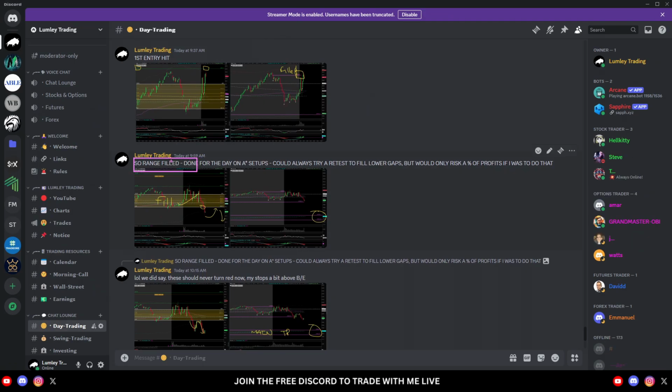So range filled, done for the day on the A-star setups. If you're on a smaller account or you only want the highest probability trades and a super high win rate, you'd be done for the day because this is a lower probability setup, but again, it still works out a lot of the time. So you retest to fill the lower gaps. Only risk your profits, never going to turn red on the day from this trade.